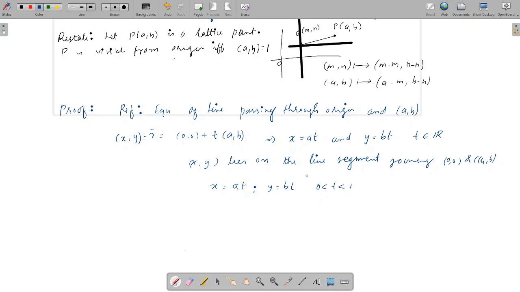You will get the points on the line segment joining them. This is an important reference, so you must keep it in mind.